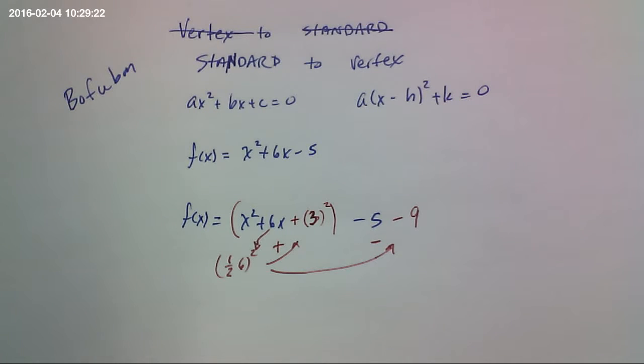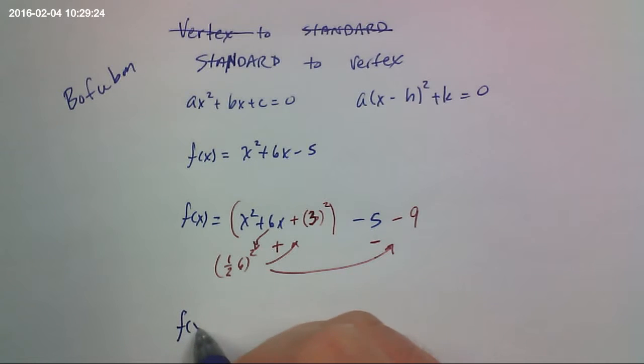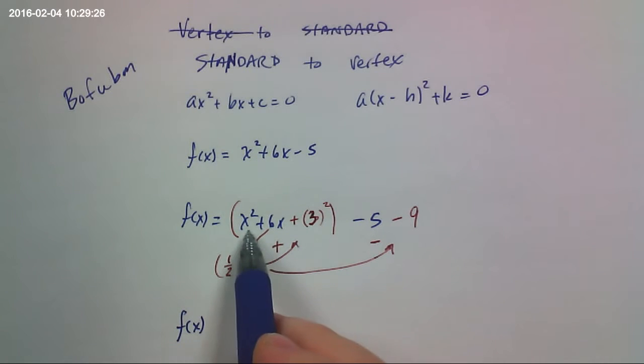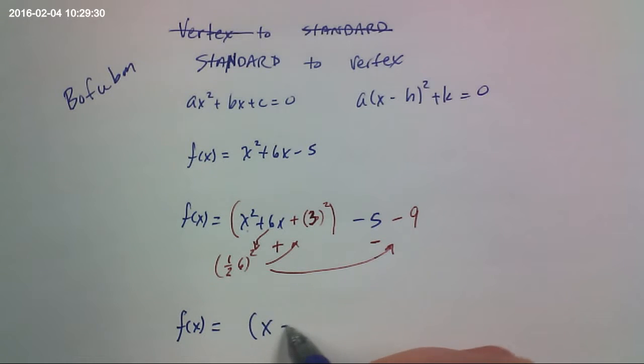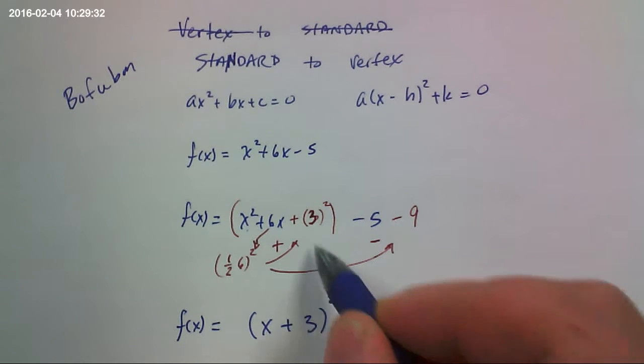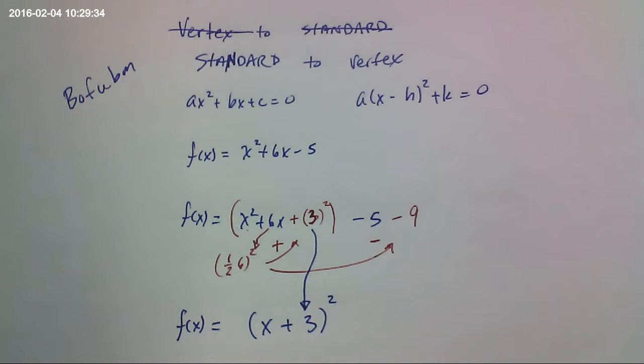We're almost done, actually. So the next thing you're going to do is factor this: x squared plus 6x plus 9, which is (x plus 3) squared, because that 3 goes right there every single time. And then minus 5 minus 9 is negative 14.